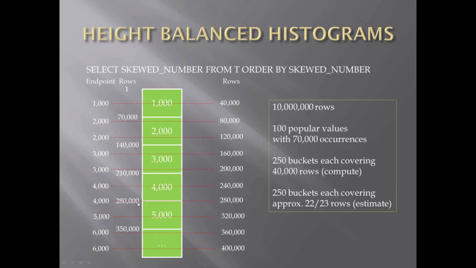Then 4,000 might be popular, or it might not be popular anymore if you have only 69,000 values or something like that changed in the value distribution. So this is the problem with the height balanced histogram. Depending on your data distribution, you might have these flip-flops, and this is where your height balanced histograms might not be as useful as you would expect.